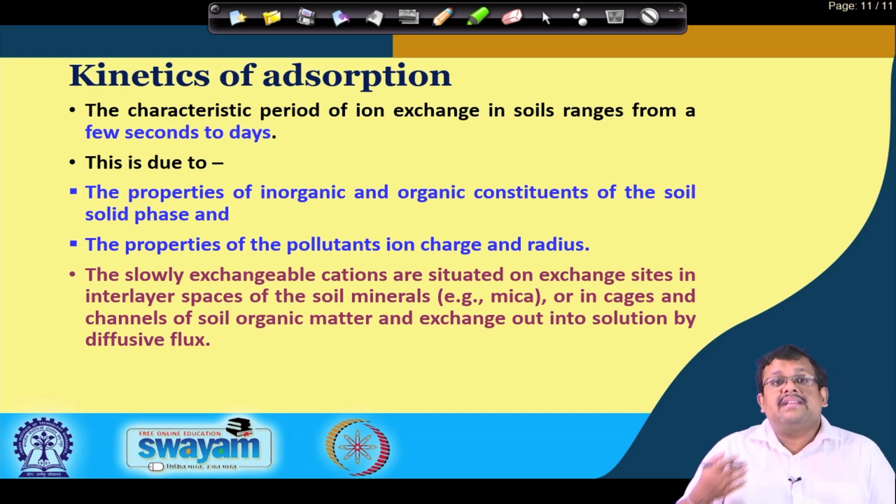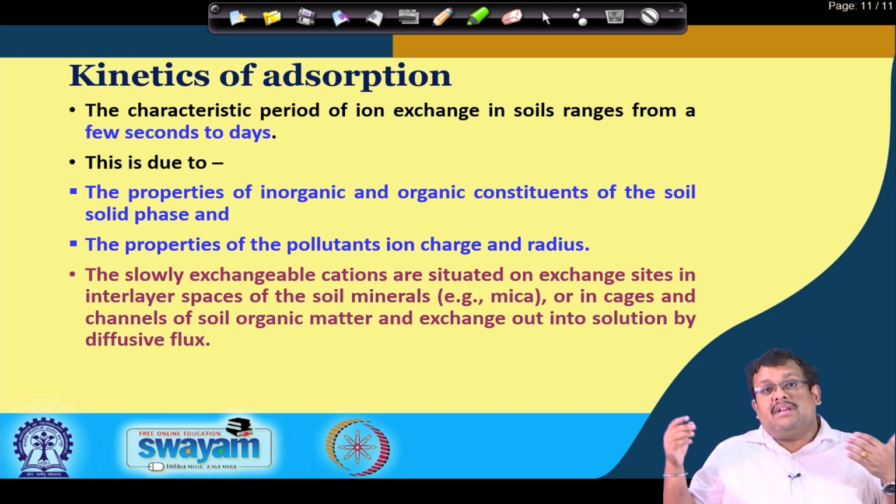So, the slowly exchangeable cations are situated on exchange sites in the interlayer space of the soil mineral, that is mica, or in cages and channels of soil organic matter, and exchange out into solution by diffusive flux.